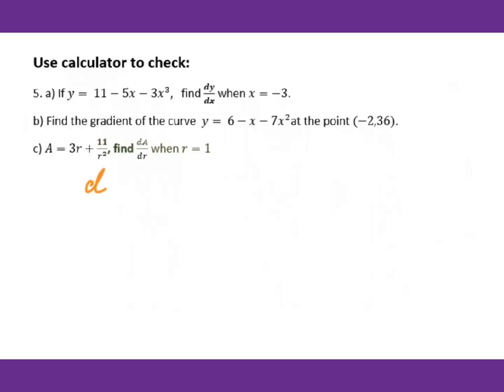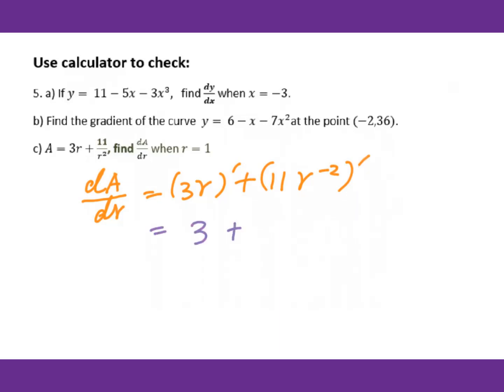We will work on dA by dr first. So we have 3r, we do the derivative, plus 11r to the negative second power, we do derivative. You will get 3 plus, drop down, 11 times negative 2, that's a negative 22, r to the negative third power.